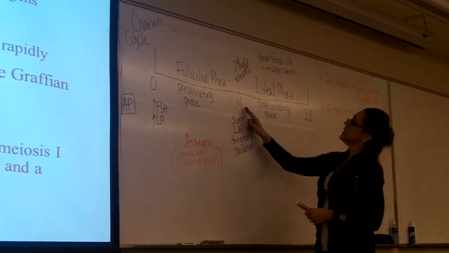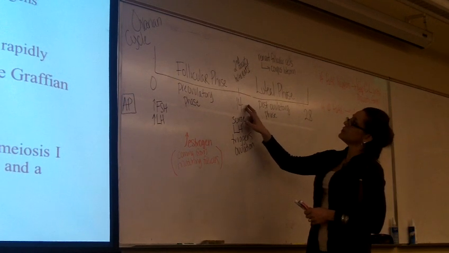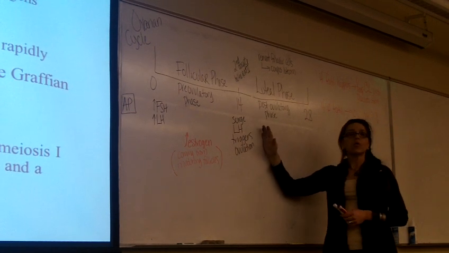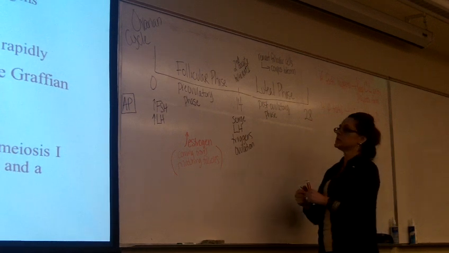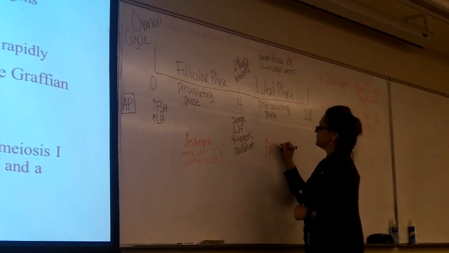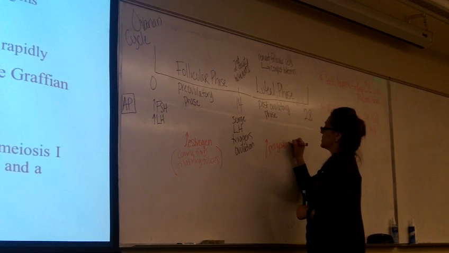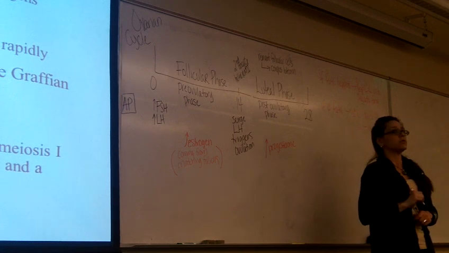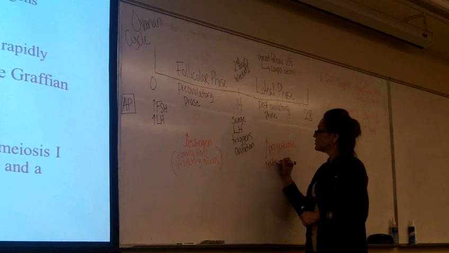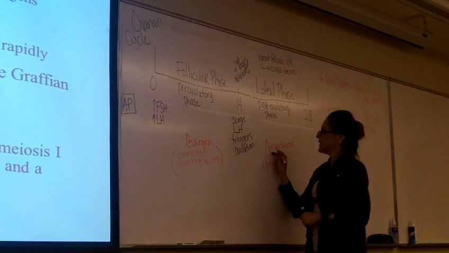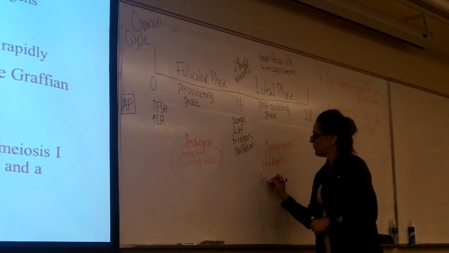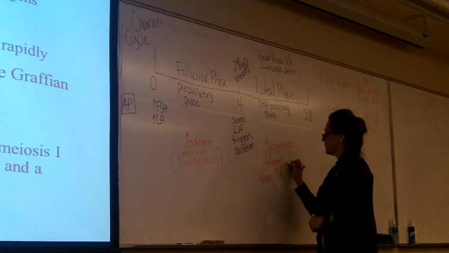So about a day or two after ovulation, when that corpus luteum has formed, you're going to see progesterone levels starting to rise, because progesterone is coming from that corpus luteum. Again, it'll also secrete estrogen, but it's really the progesterone that's important here.